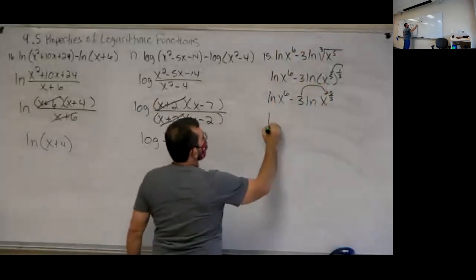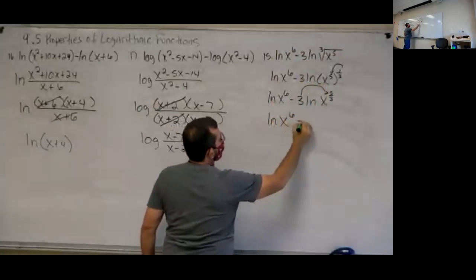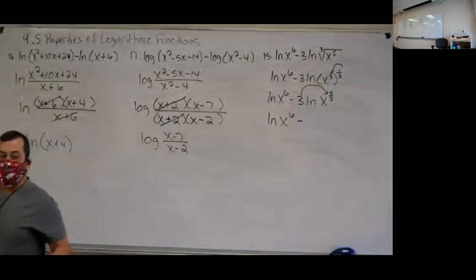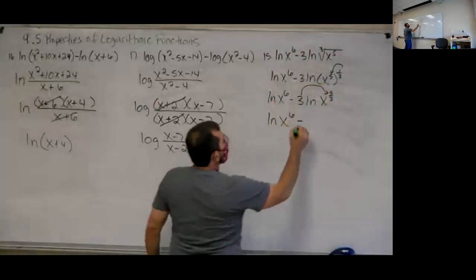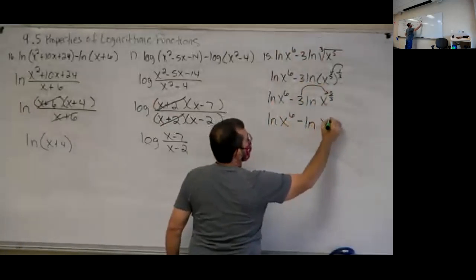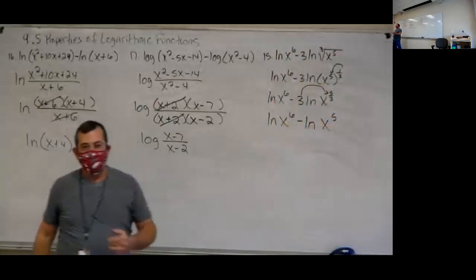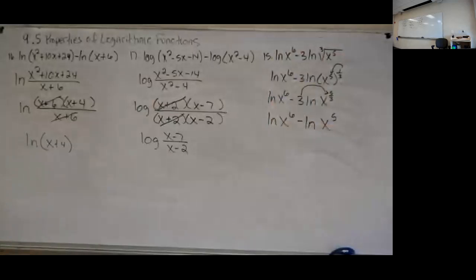So what I need to know, what does 3 times 5/3 give me? 5, because the 3 is going to cancel, right? So that'll be an ln of x to the 5th. So now we're finally to the point where they're being subtracted. I'm going to write them as division.